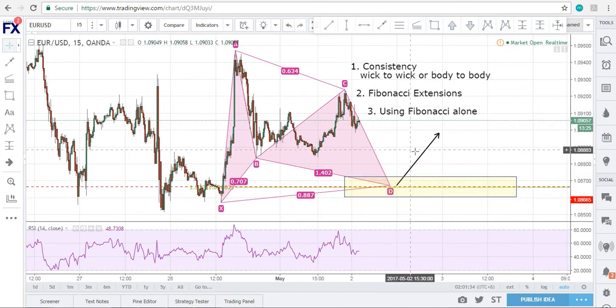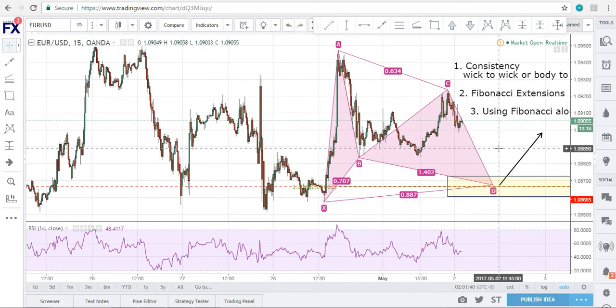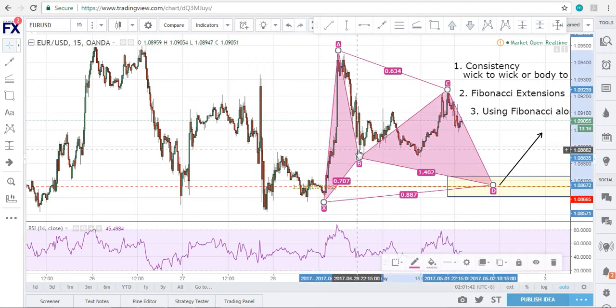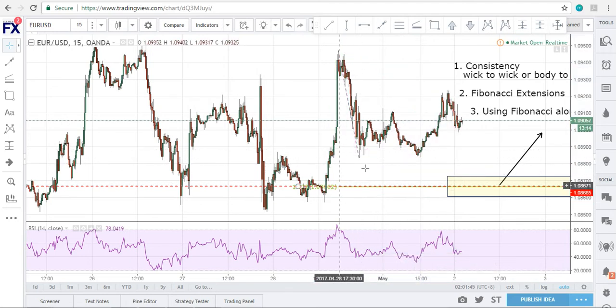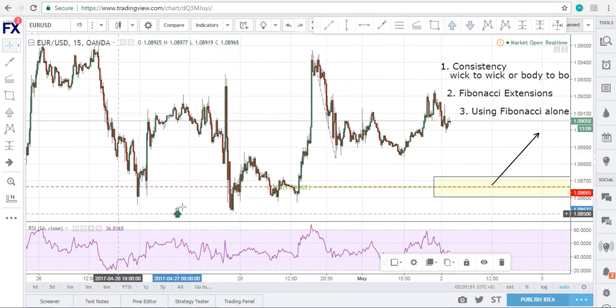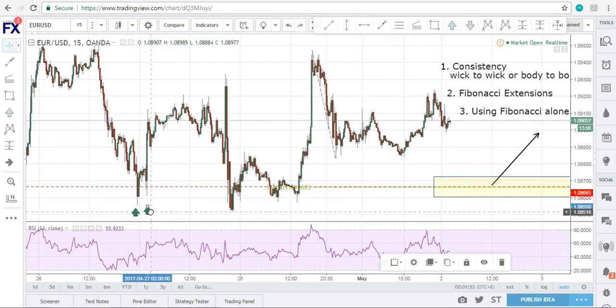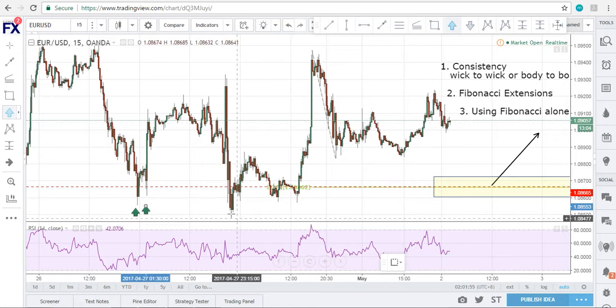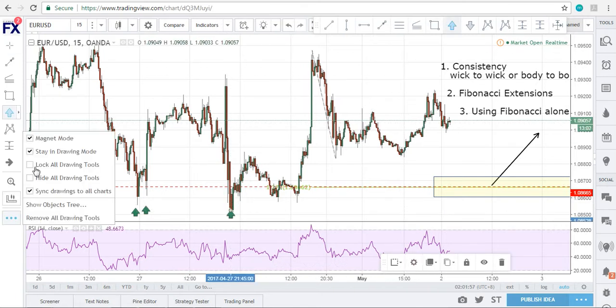So never use Fibonacci alone, and the simplest way to combine something else would be to use structure. And as you can see, if I were to just erase the Gartley so it looks nicer, we have decent structure around here. Not the best, but we do have decent structure. We have support. We also have support right beside it. Possibly a false breakout right here. And just get rid of the magnet.